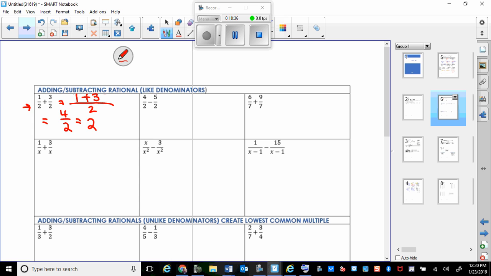This equals 2. And I circle my answer. The next one, this equals 4 minus 5 on the top, and the 2's are the same, so I write 2. This equals negative 1 over 2. For the third one, this equals 6 plus 9 in the numerator, 7 on the bottom. This equals 15 over 7.